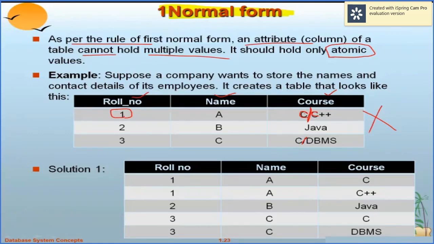If you start entering multiple values in a single domain in your own way, here they have put a bar, some other person would use a comma and start entering multiple values. So in that case, when you write your query to pull out the data of those students who are taking course C, can you find only C in any of these domains, because C has been linked up with other courses?